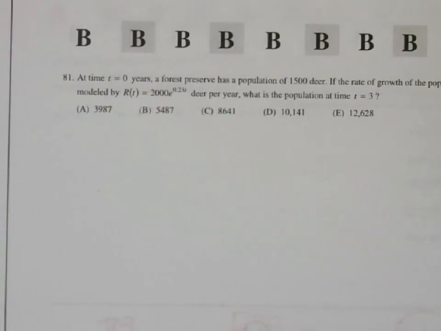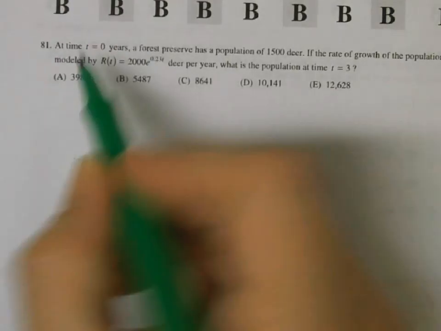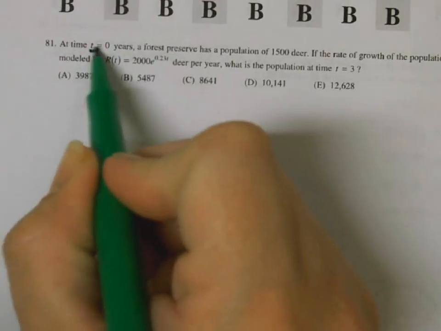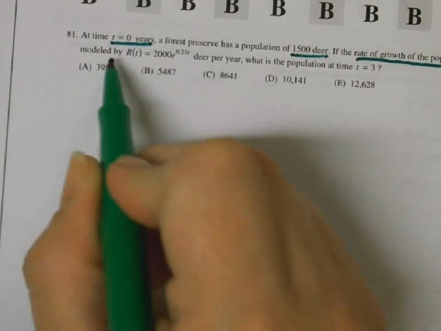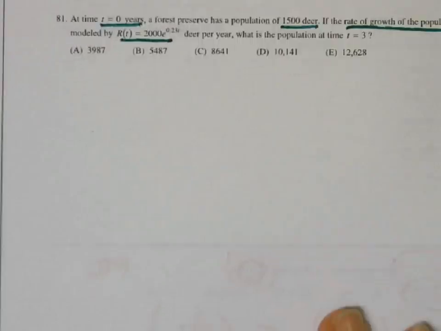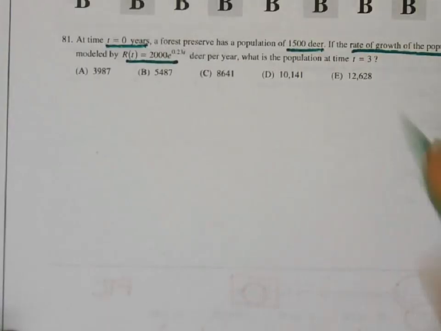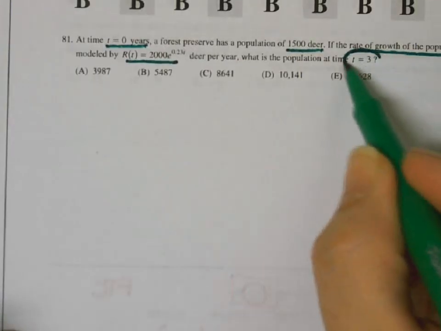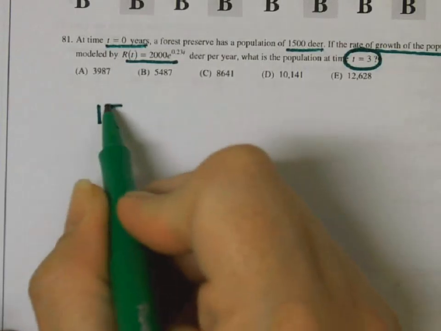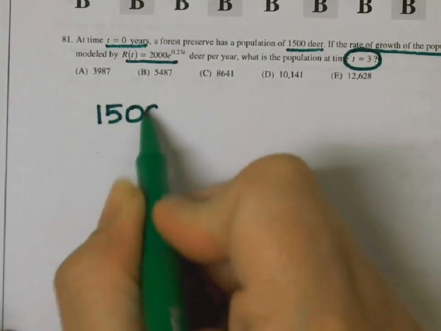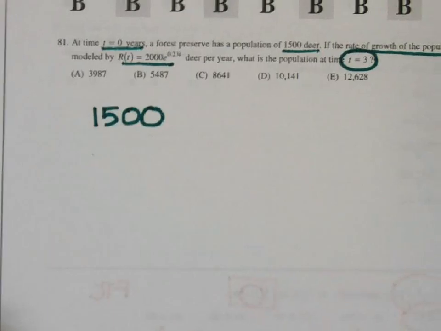So we would just type this in the calculator. We're going to do 1,500 plus the integral, and you can either do menu 4-2, or you can go to the template menu, and it's the second template in the very bottom row. Either way, 0 to 3, 2,000 times e.